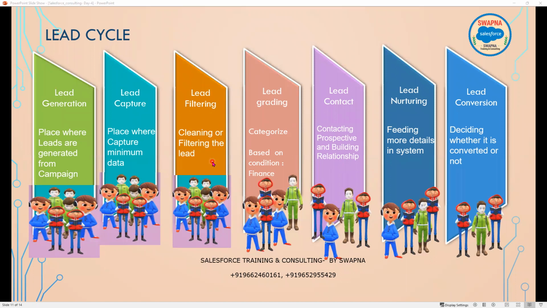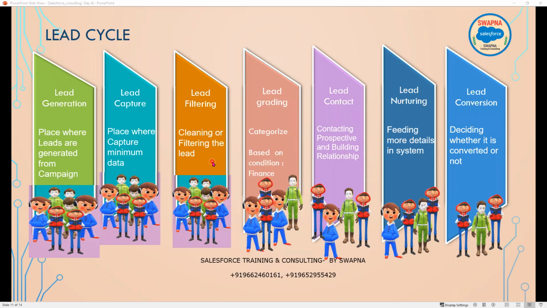I'll take one of the criteria, called rating. Rating is whether the person is interested, below interested, or okay. While getting the information, we will ask whether you are really interested or not.